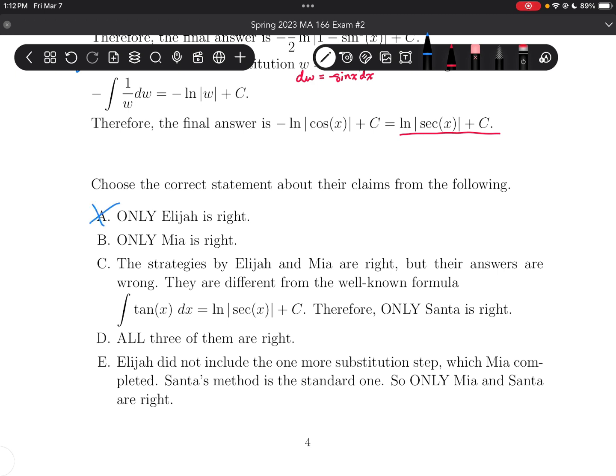And we know that is false because the formula for Santa is correct, and all the steps that he took to get that answer are also correct. So C, D, and E say Santa is correct, but essentially all we have to do is figure out whether Elijah and Mia are correct.